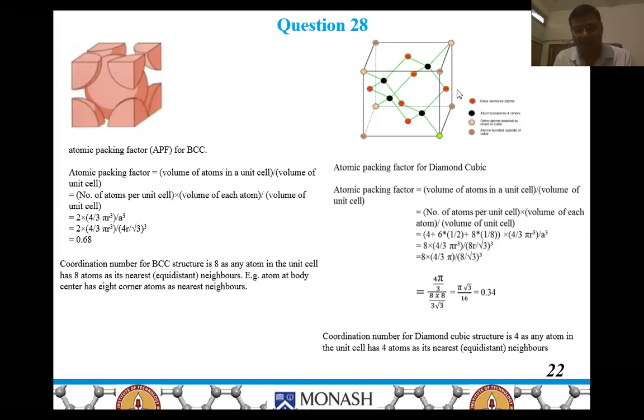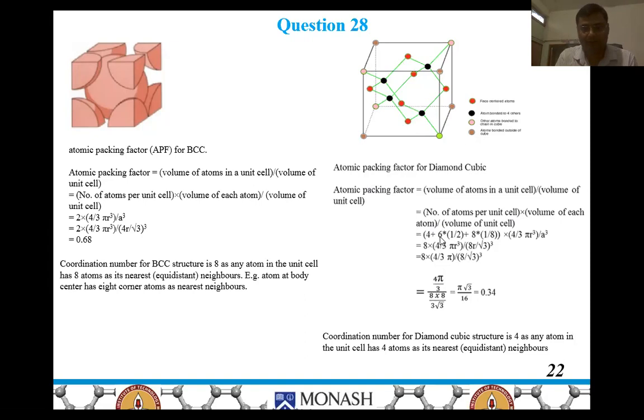Now the diamond cubic structure. This is a variation of the FCC structure. So this is FCC plus 4 atoms in the tetrahedral voids. So the atomic packing factor for diamond cubic will be equal to number of atoms per unit cell multiplied by volume of each atom divided by volume of unit cell.